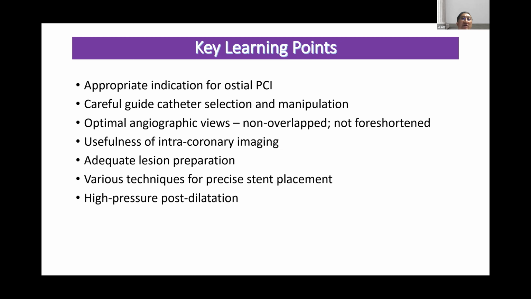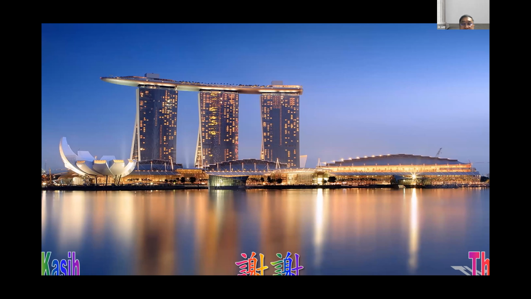Adequate lesion preparation cannot be overemphasized. And there are various techniques for precise stent placement. And after the stent deployment, a high-pressure post-dilatation is mandatory for the ostial lesion. Thank you very much.